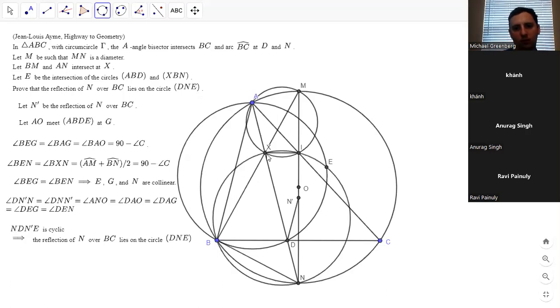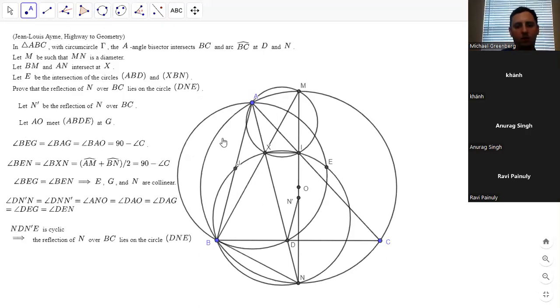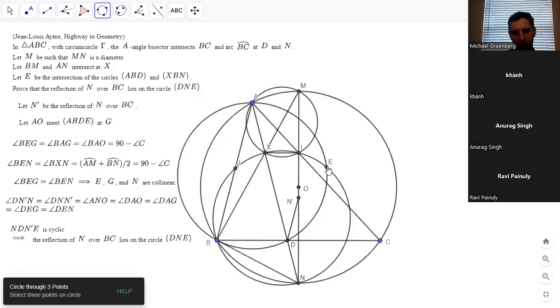Oh, okay. So next I will call the intersection of this circle with AB. So I will redefine point N prime. I will let the circle NDE meet MN at N prime.